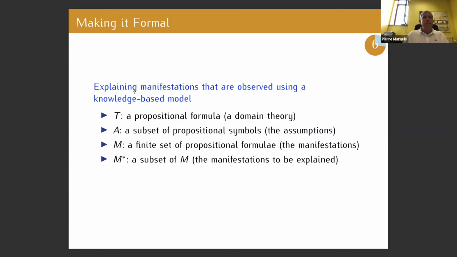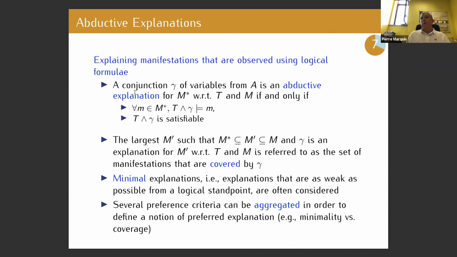And among those global set of manifestations, which are not necessarily all those that must be explained, we focus on a subset of it, the manifestations for which Abraham would like some explanations. Other manifestations can be just observations done by the physician. So the very basic abductive model now.